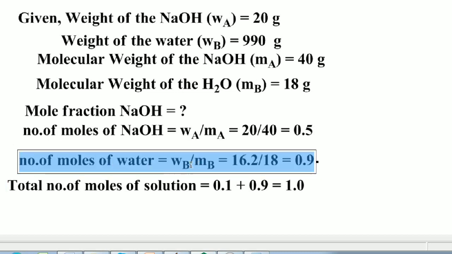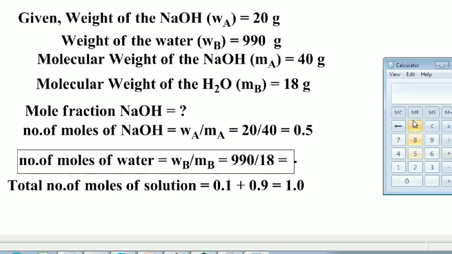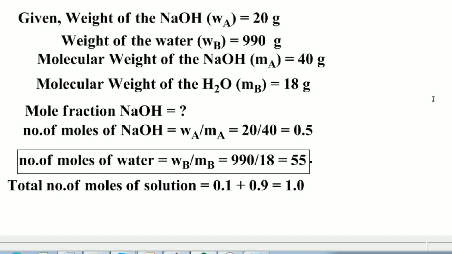Similarly, number of moles of water is equal to weight of the water by molecular mass of the water. Given weight of the water is 990 grams and molecular mass of the water is 18. Now 990 divided by 18 equals 55. 55 is the number of moles of water.